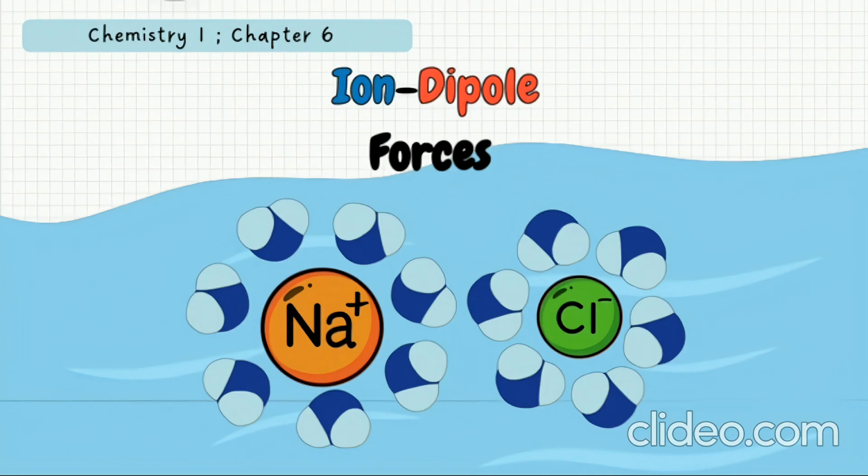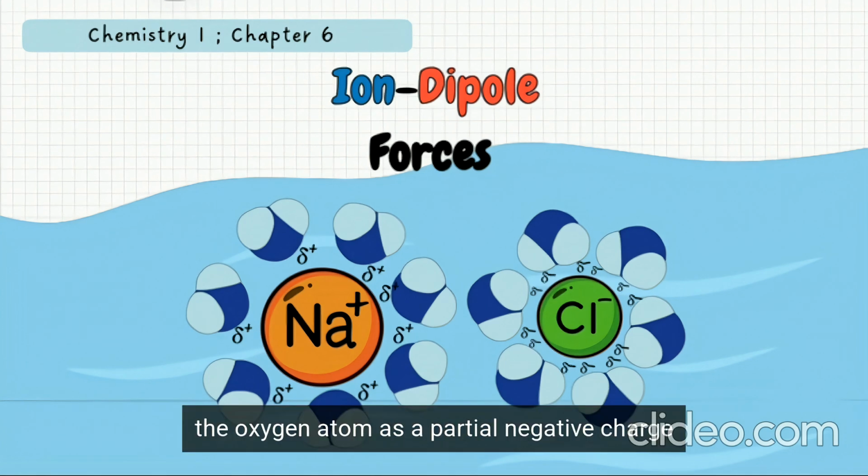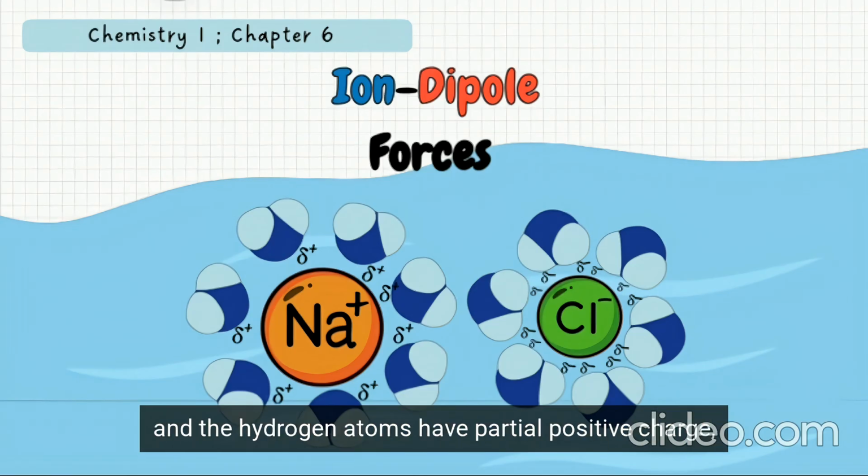Now, let's see how ion dipole forces work. First case, positive ion, also called a cation. For example, sodium ion in water. Water is a polar molecule. In water, the oxygen atom has a partial negative charge, and the hydrogen atoms have partial positive charge.